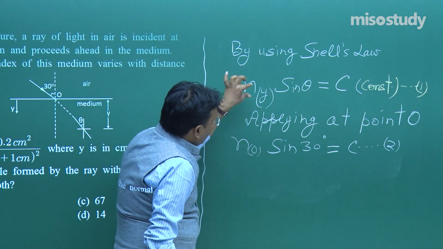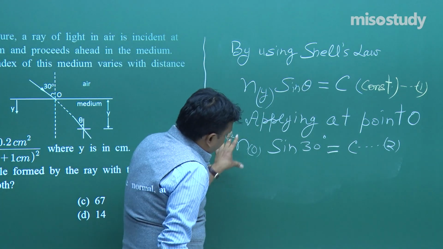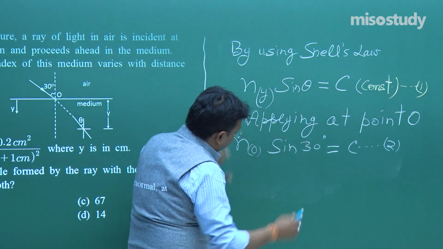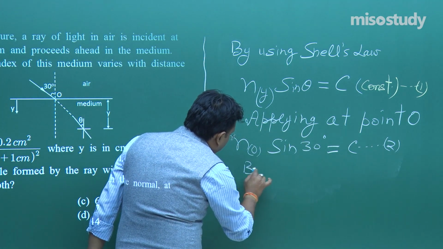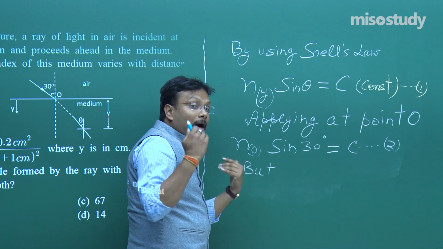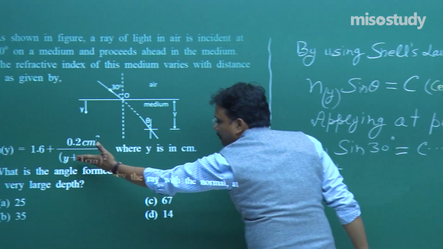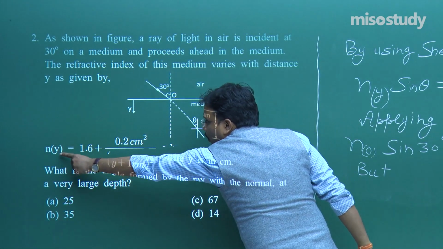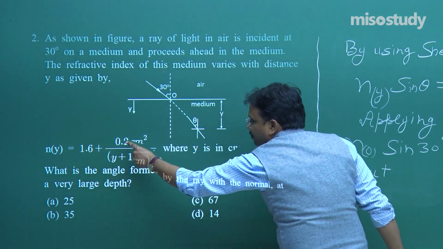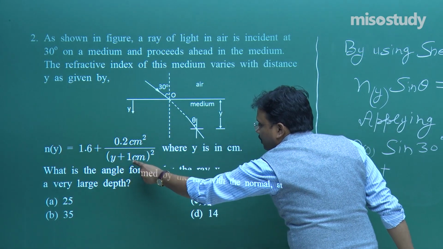So now the general equation is this, the specific equation is this, but who will come and help us? This person itself will come and help us. Reason being, at y equals 0, 1.6 plus 0.2 upon y plus 1.